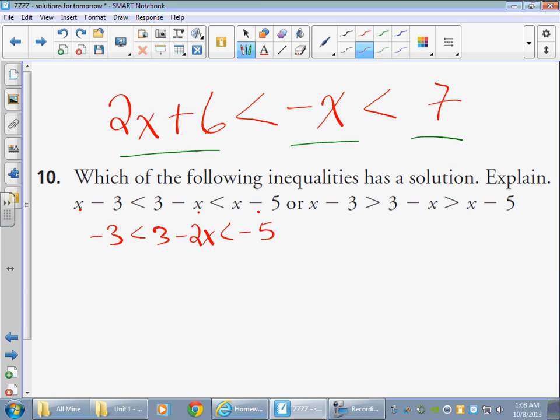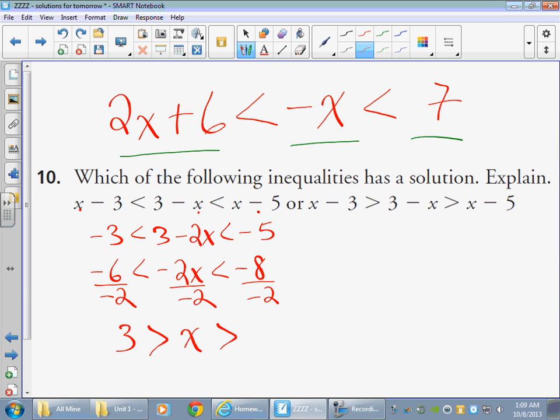I want to isolate the x, so I'll subtract the 3. I get negative 6 is less than negative 2x, which is less than negative 8, subtracting 3 from all three parts. And then if I divide everything through by the negative 2, remember that if we divide by the negative, we flip the signs. So we have positive 3 is less than positive x is less than positive 4.